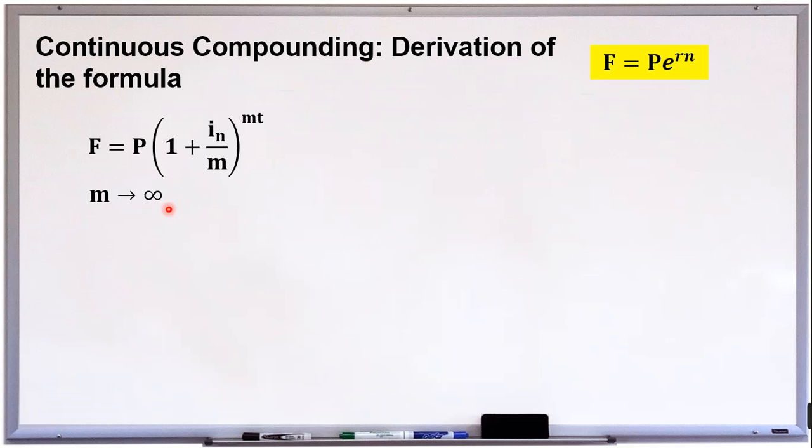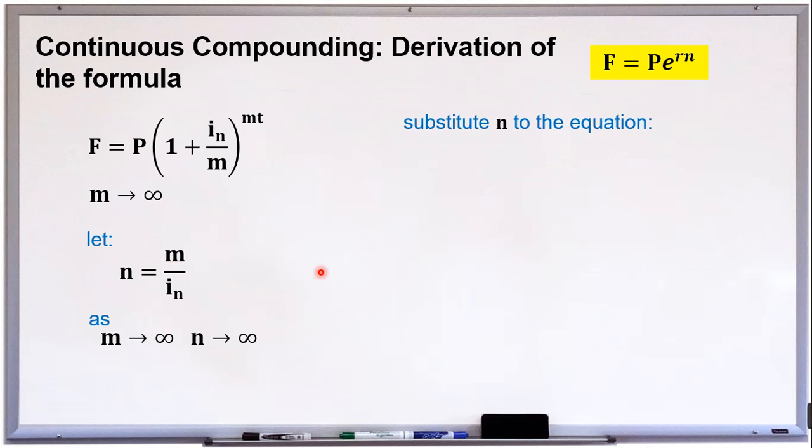For our derivation, the first step is we're going to let another variable n equal to the ratio of m over i_n, where i_n stands for the nominal interest rate. As m approaches infinity, n also approaches infinity, because from this equation, n and m are directly proportional.